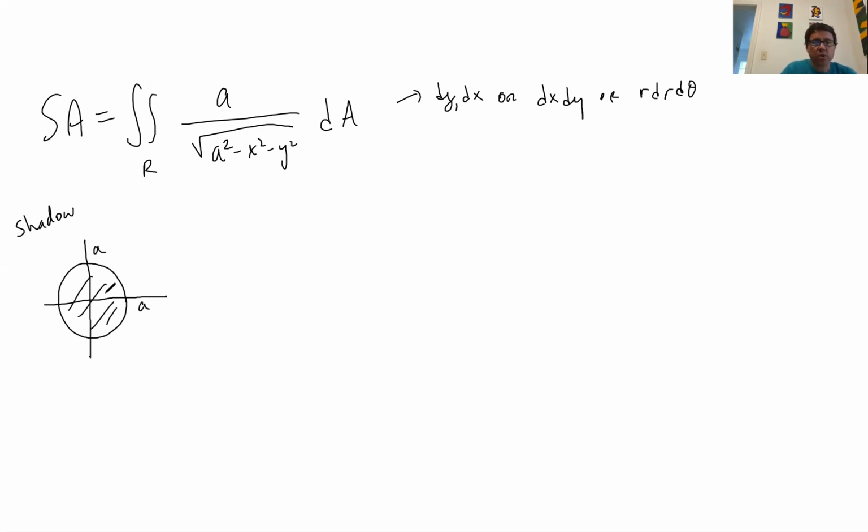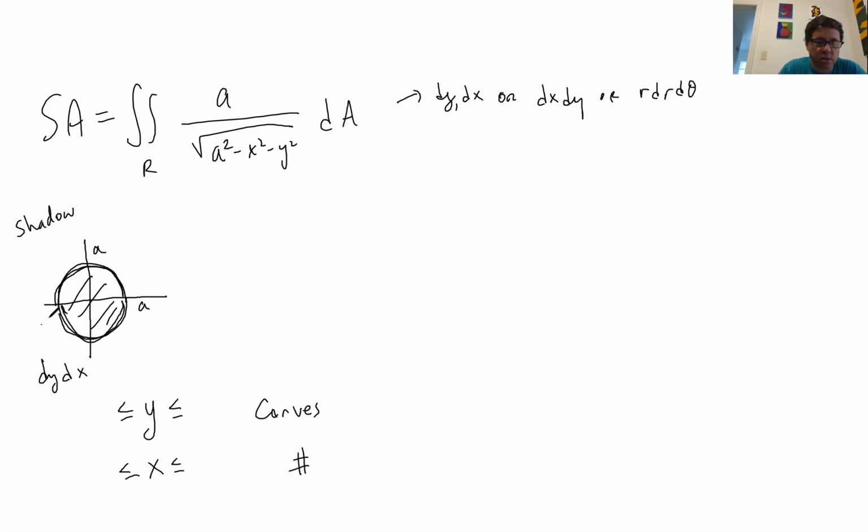So if you wanted to do this with respect to, say, dy dx, then you need y between two curves, and you need x between two numbers. So figure out what the top curve is, you figure out what the bottom curve is, so that'll be y.